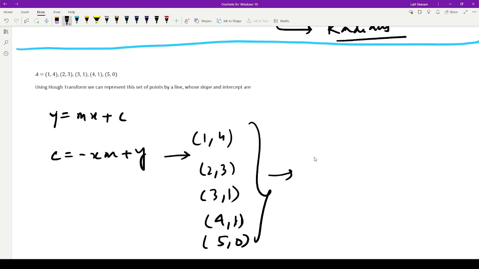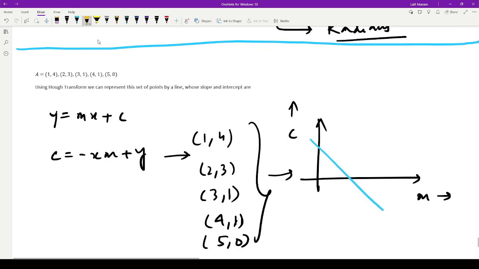Given this, what is it that you need to do? I'll just repeat. We are in this m and c plane. Given this plane, each of these points, like 1 comma 4, will denote one line out there. Probably this is another line, this is one more line, and one more line out there.